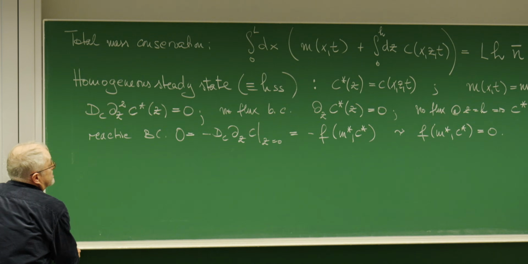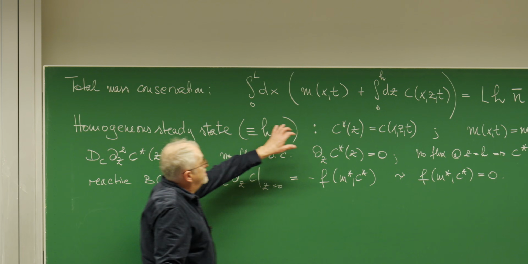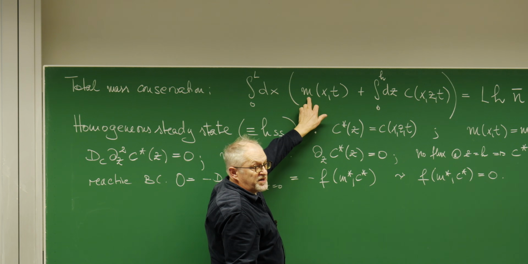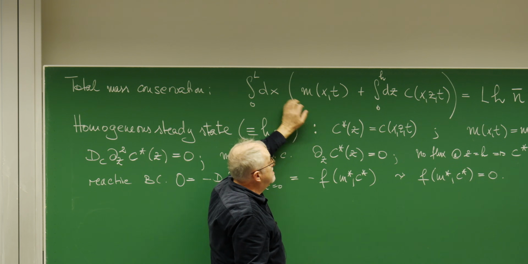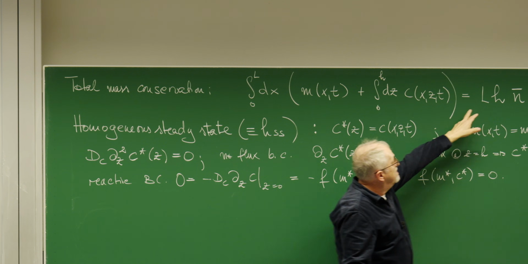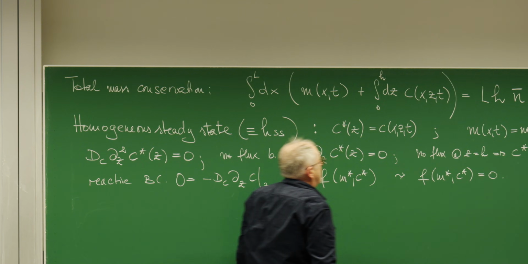What else do we have? We have mass conservation, and that's now easy to read off. Here we have m star, it's a constant, times L, plus here h times c star is the right-hand side.